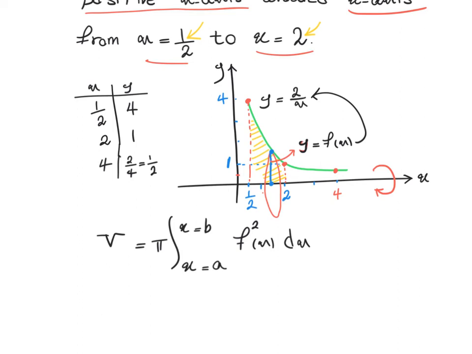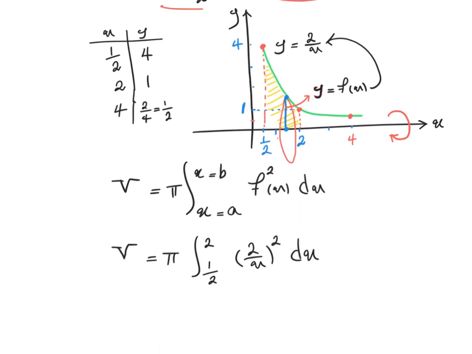Sorry, this is the pointer. So V is equal to pi integral from 1 over 2 to 2 of f(x), which is 2 over x, squared dx. Okay.